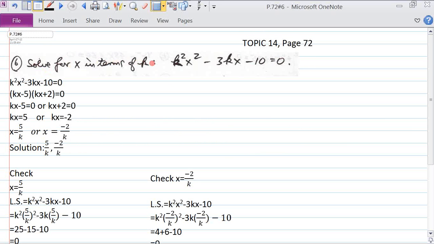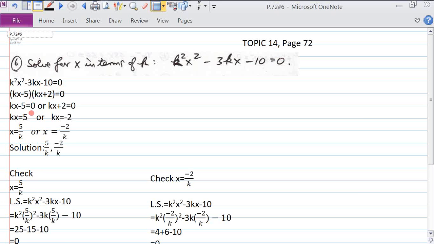Solve for x in terms of k. So here we take the original equation and we factor it. So we have to find the factors of k squared x squared, and that's going to be kx times kx gives us k squared x squared. And now we're looking for minus 10 as the last term.